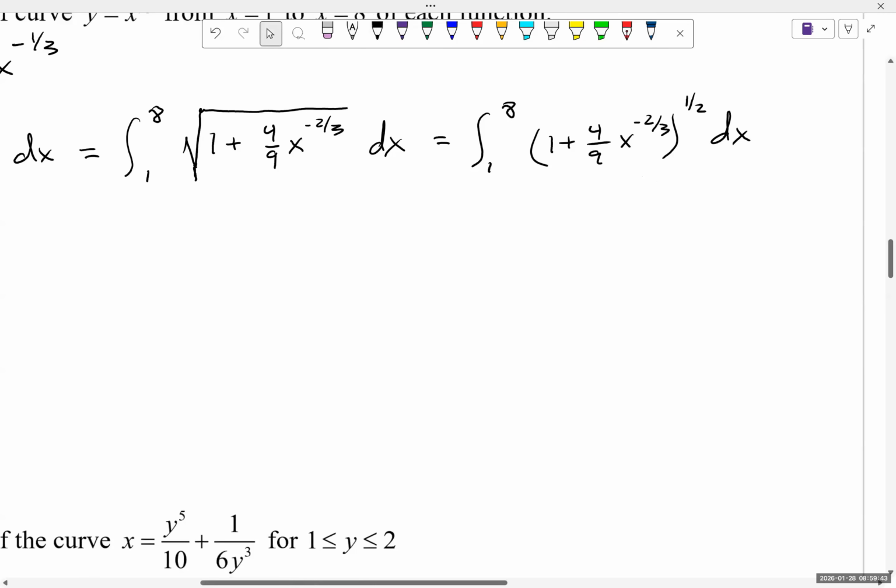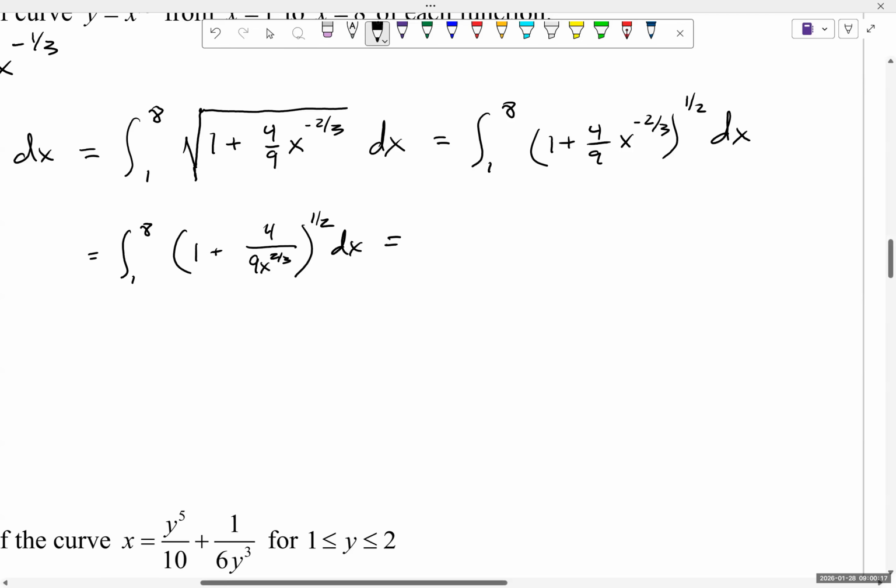What's another thing we might be able to do to simplify what's in there inside? Yeah. Okay, so you're talking about making a common denominator, is that right? Now, wait a second, is there more in the denominator than just the 9? Oh, there's also the x, so let's go ahead and rewrite that this way. Let's put 1 plus 4 over 9x to the 2/3, to the half power, dx.